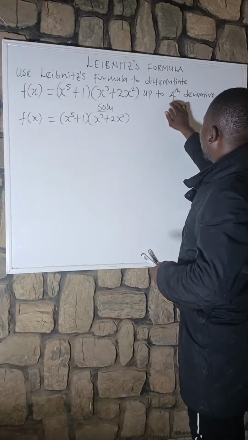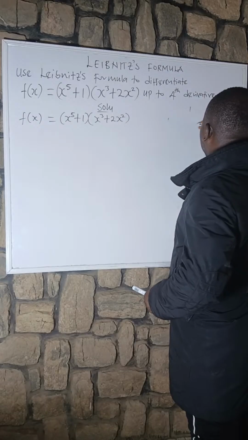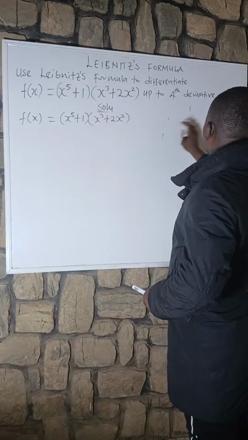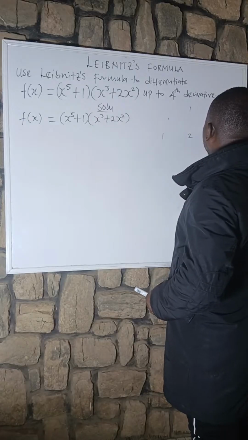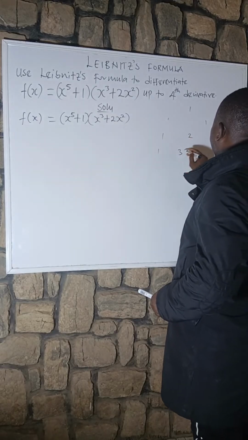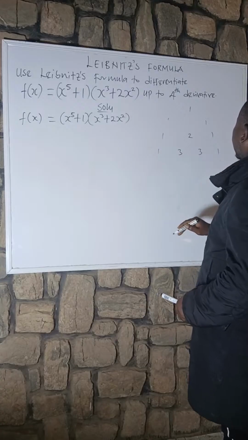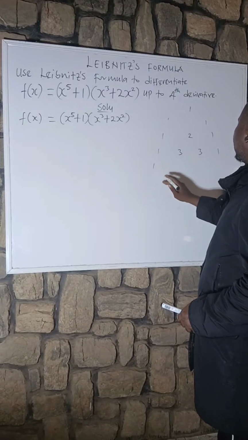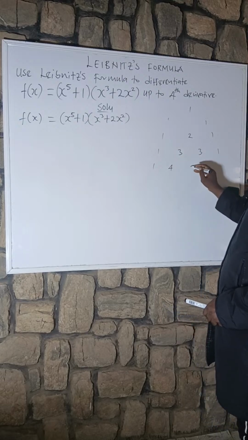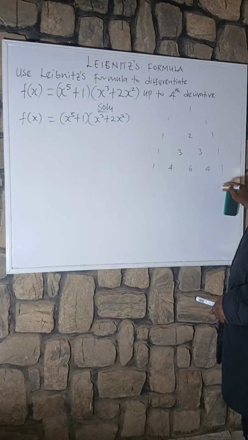So here our Pascal triangle is needed. It said up to 4 times. So let us have it 1, 1, 1. The 1 plus 1, 2, 1. Then 1 plus 1, 3. 2 plus 1, 3. And 1. And 1 plus 3, 4. 3 plus 3, 6. 3 plus 1, 4. 1.